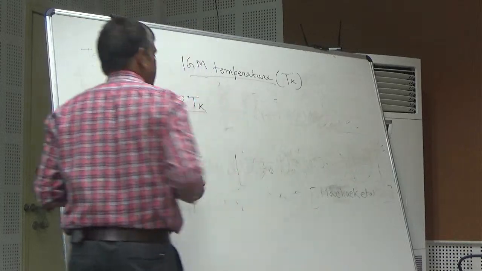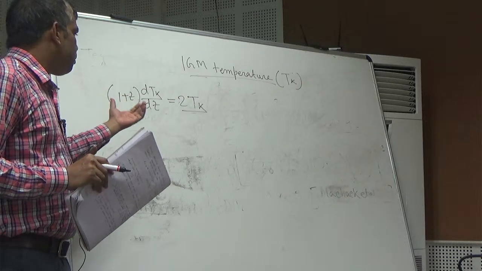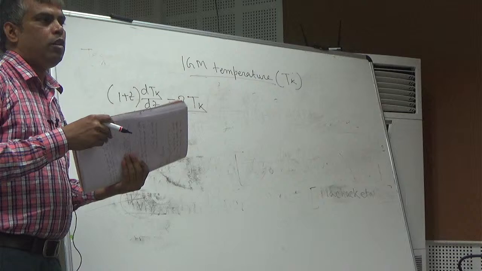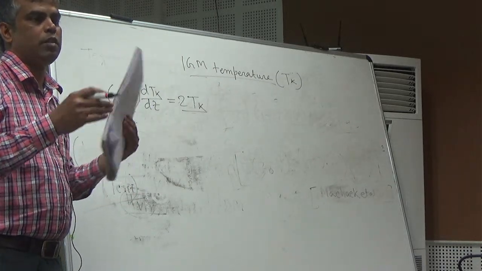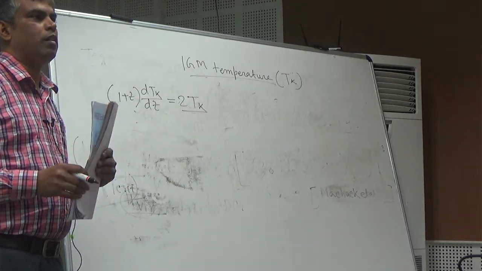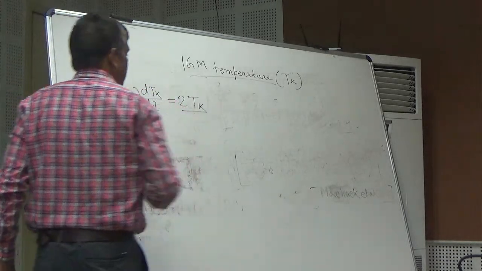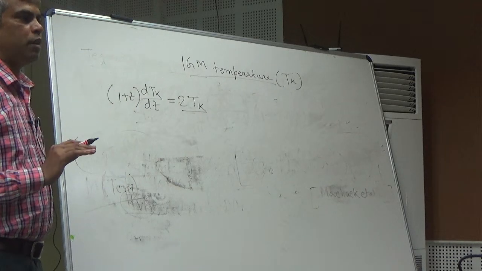This term arises because the universe is expanding. The temperatures of the IGM and CMB are going down. If you solve this, there is no other external source of heating.